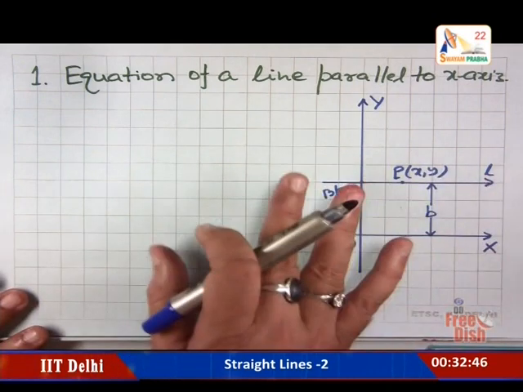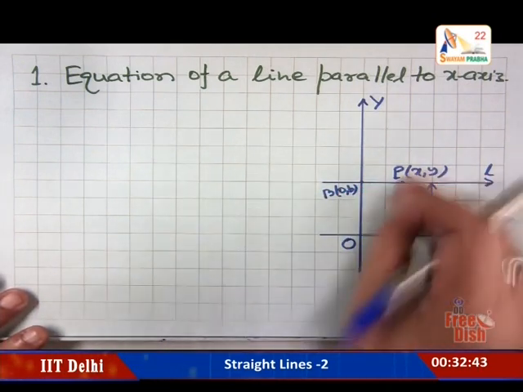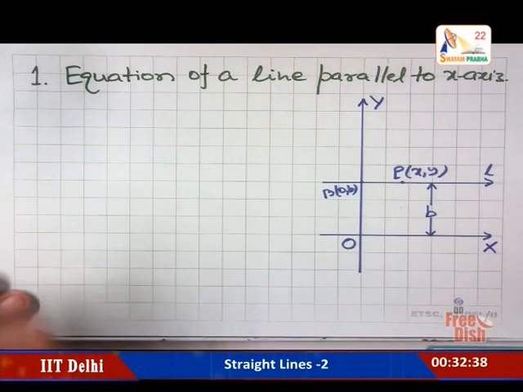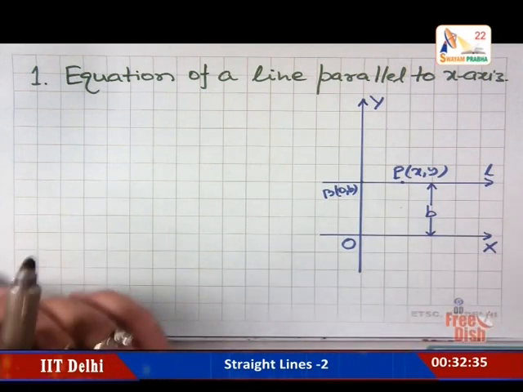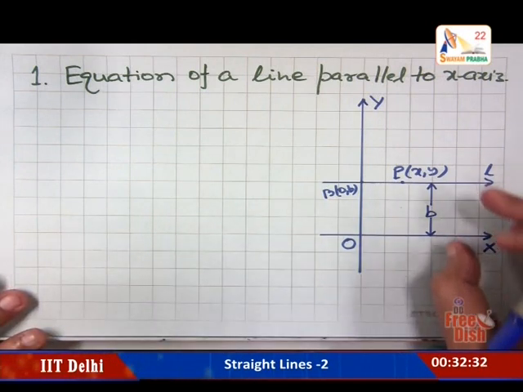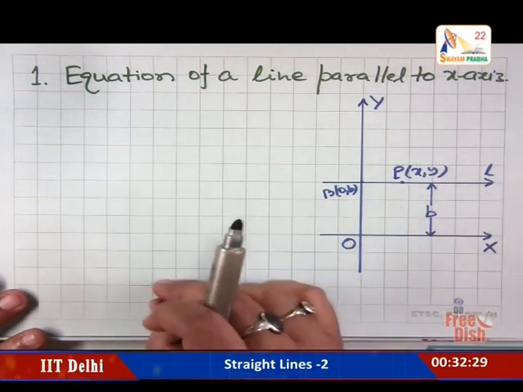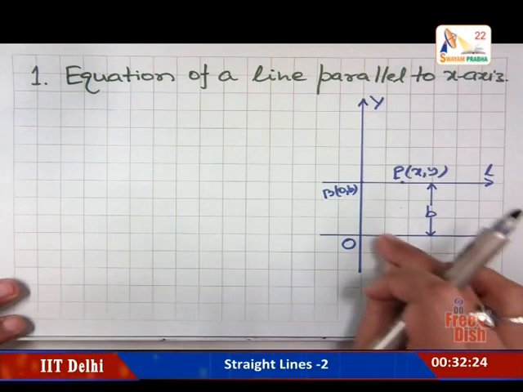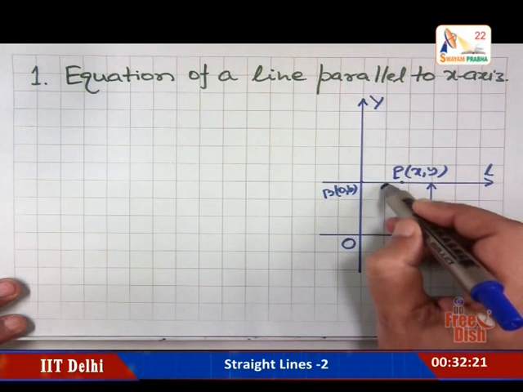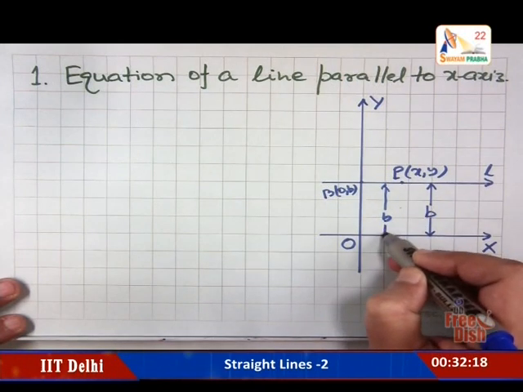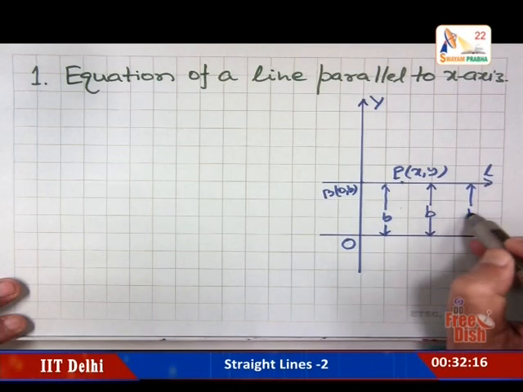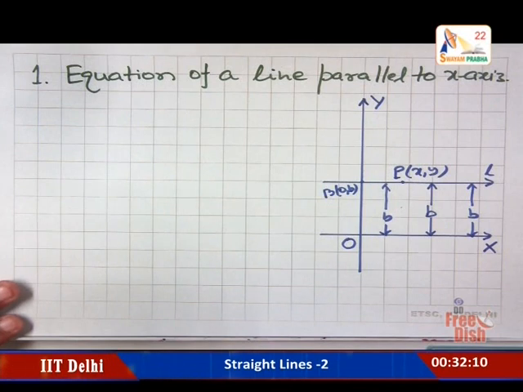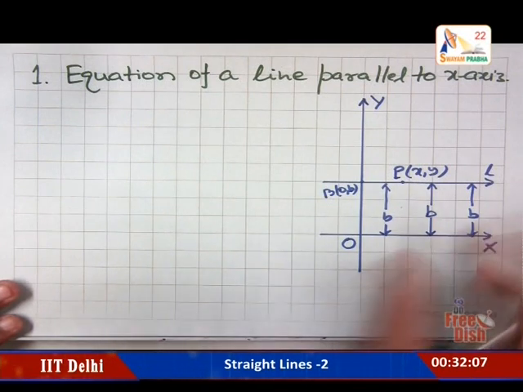The equation of a line parallel to the x-axis means the locus of a point P(x, y) which satisfies the condition that the distance between this line and the x-axis is always constant, that is b. So the distance between these two lines is always constant, and that constant is, say, b here.